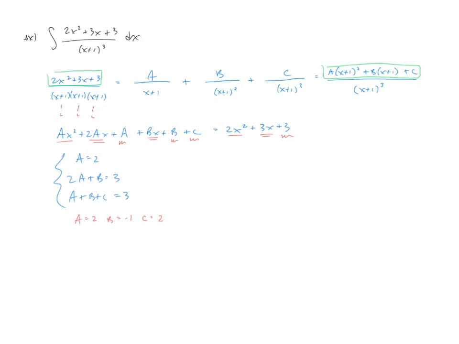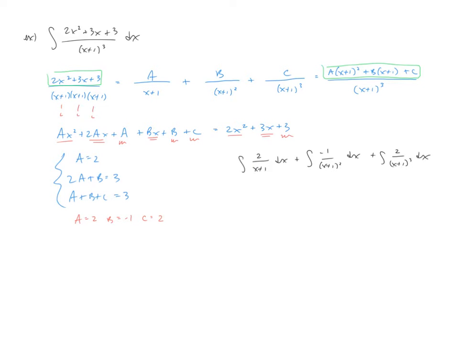Those are the numbers we plug in up here, and then we're ready to integrate. These integrals will be the integral of 2 over x plus 1 dx, plus the integral of negative 1 over x plus 1 squared dx, and then plus the integral of 2 over x plus 1 cubed dx. So three separate integrals. This is the only one that requires Calc 2 techniques.